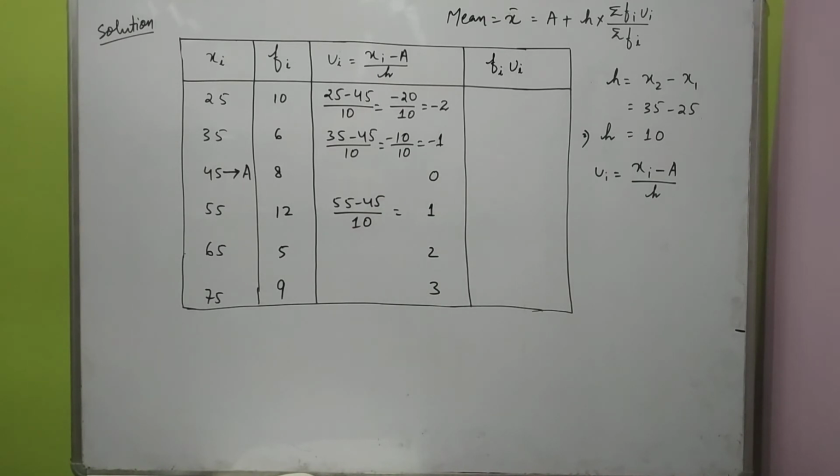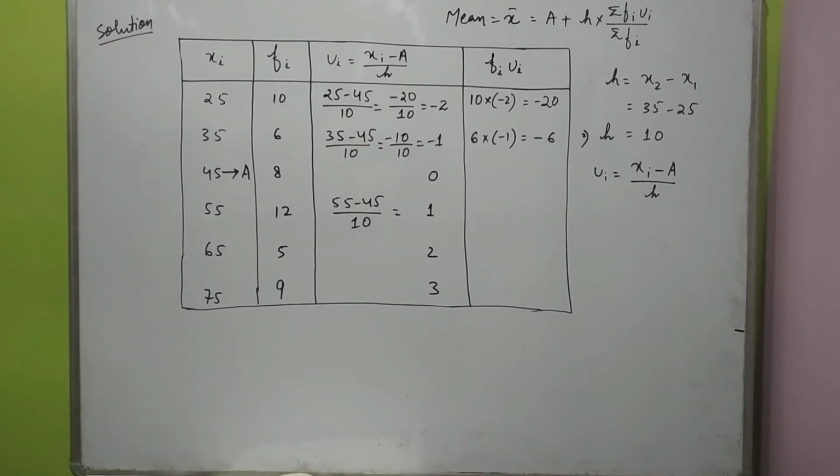In the formula you can see fi ui is there, so we make one more column of fi ui, that is frequency multiplied by the ui we calculated. In the fi ui column, 10 multiplied with minus 2 gives minus 20.